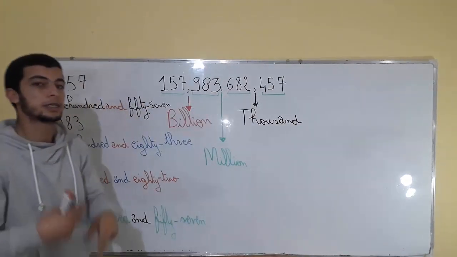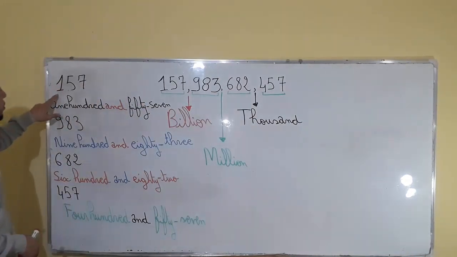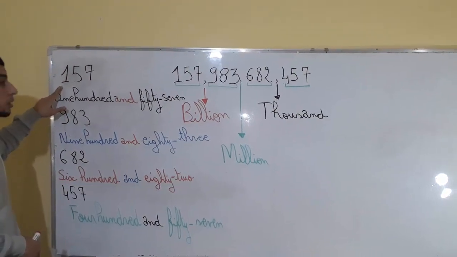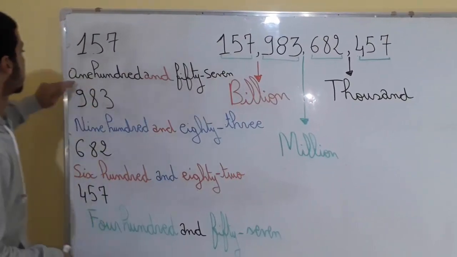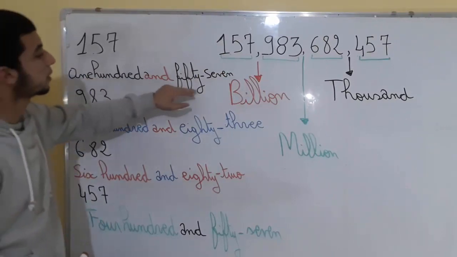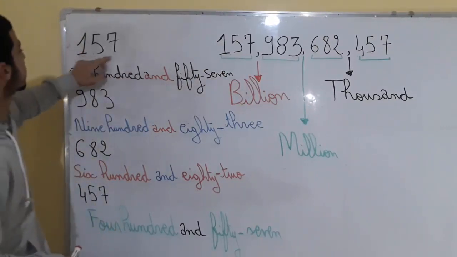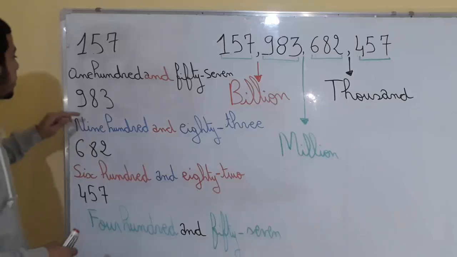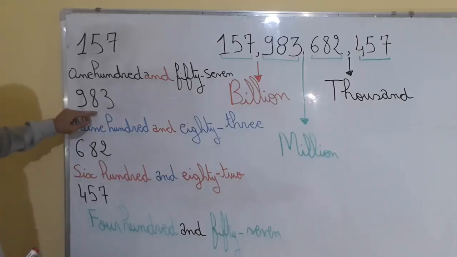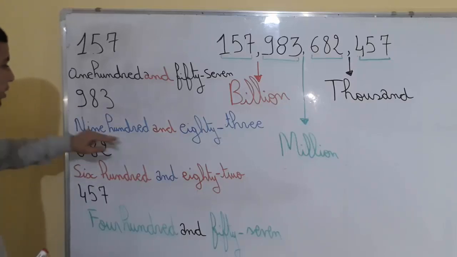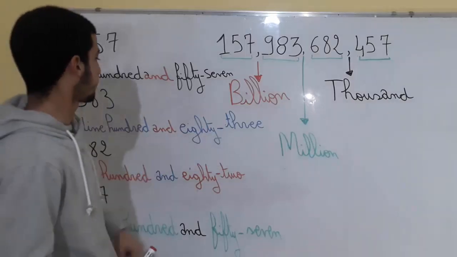So let's repeat again. So we have 157. This is 100 and this is 57. Great. The second one, 983. Great.